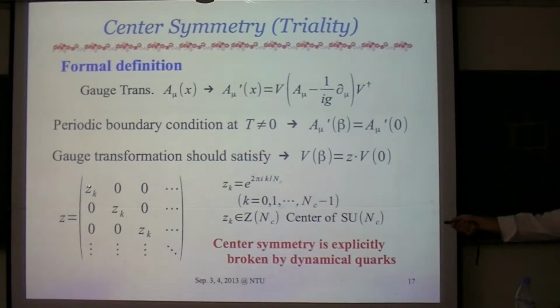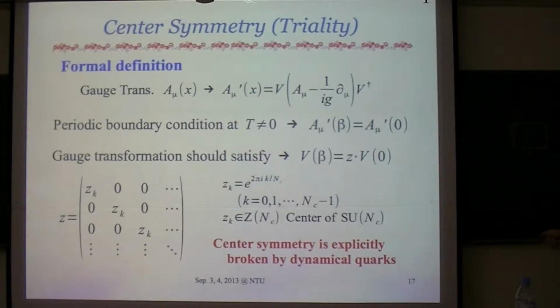And also, if you compute the determinant, then the determinant is simply given by this z_k to the N-th power. And of course, z_k is an element of Z_N. If you multiply z_k N_c times, then you have 1. That is the definition of Z_N.